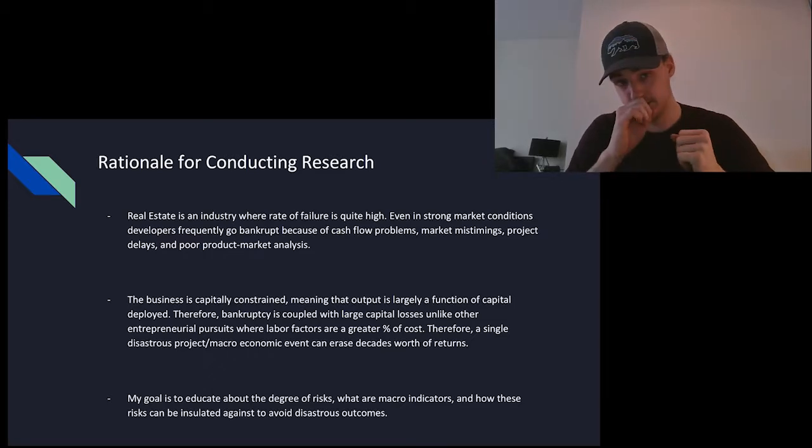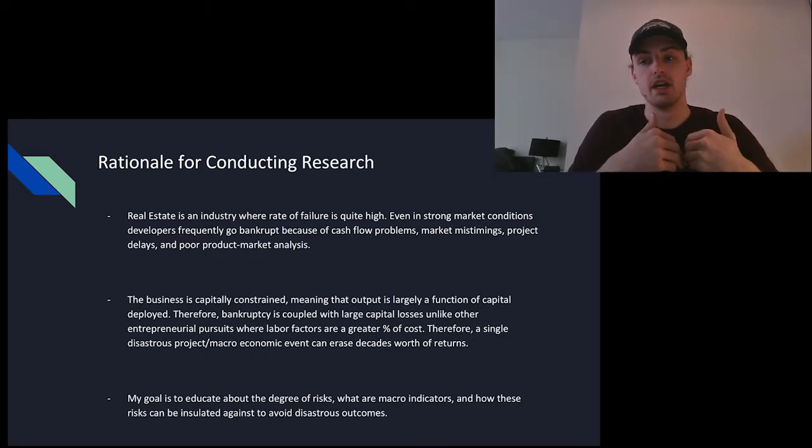Real estate can be thought of as a capitally constrained business, and what that means is that profits and income are really a function of capital deployed.